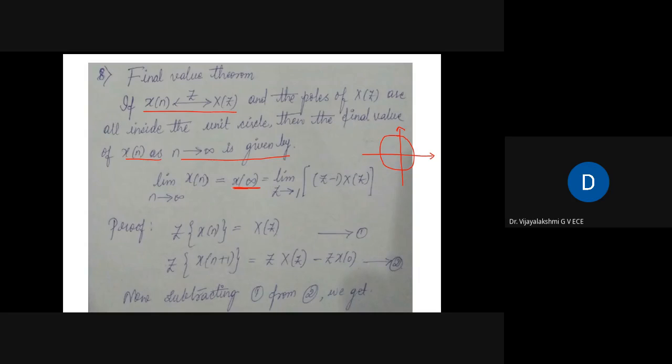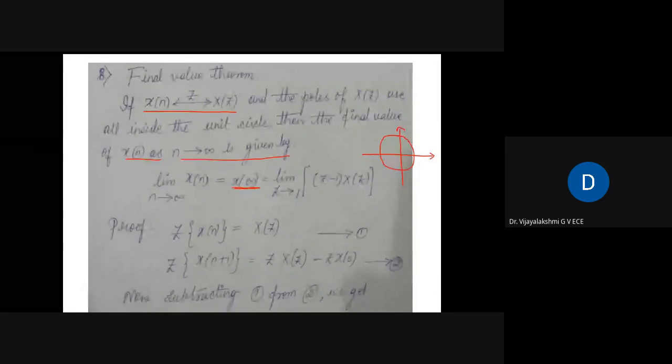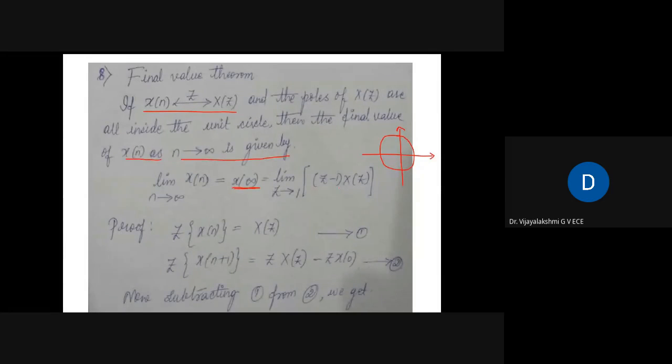This is found by using the z transform x of z multiplied by z minus 1, applying the limit as z tending towards 1.